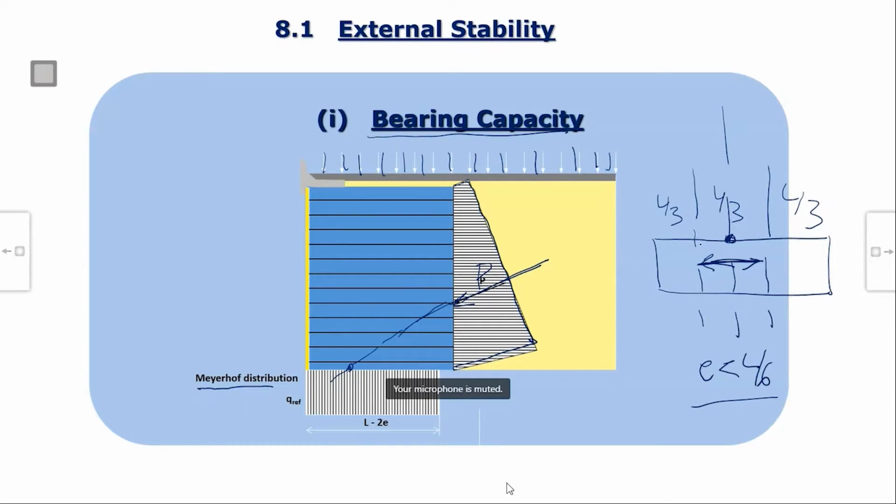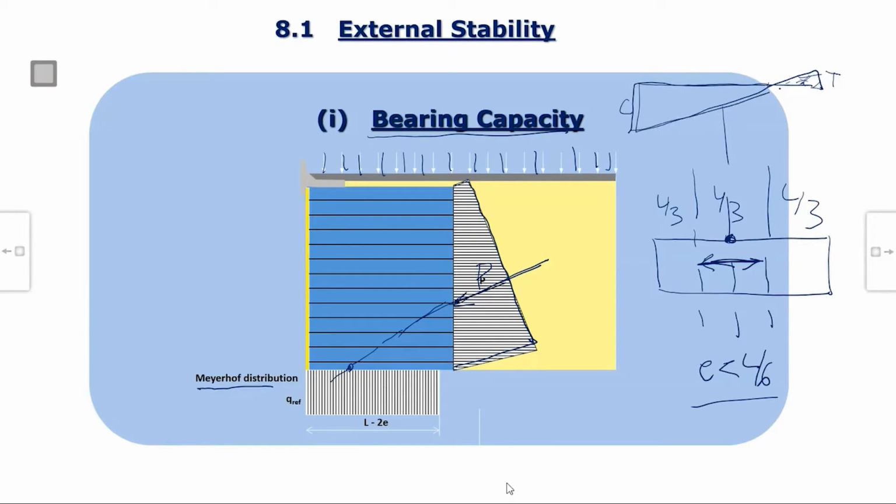That is number 1. Secondly, even if there is some eccentricity, your stress diagram will become like this. This is compressive force and this is tensile force. Your soil cannot take tensile force, so this is neglected. You take only compressive force. That's where your Meyerhof distribution comes into place.